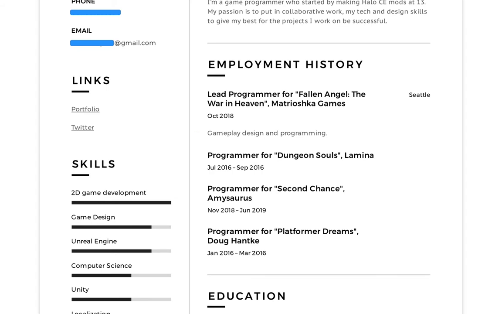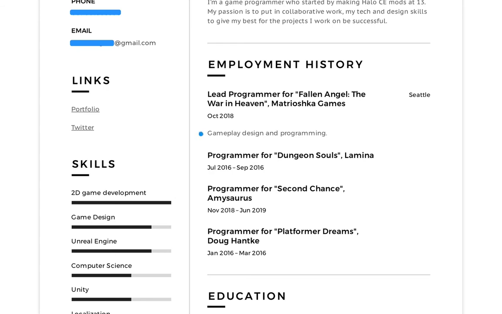We're going to want to get a lot more specific because when a hiring manager or a recruiter is reading this resume, they want to know exactly what you did because that'll inform what they think you can do for them. So there's lots of different things that you can program in a game. What did this person program? We don't know. So for each one of these, I'd expand it out into 3, 4, 5, maybe even 6 bullet points.